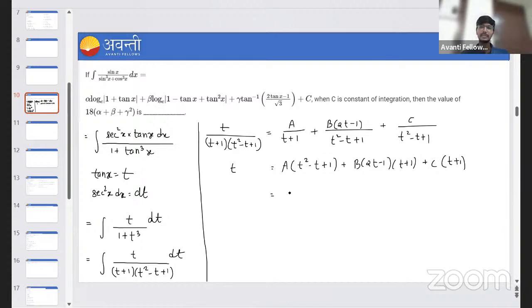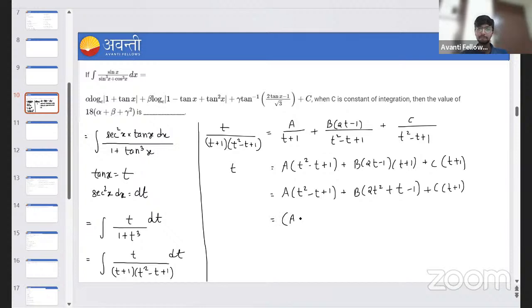Now, if I open the bracket, I'll get a into t square minus t plus 1 plus b into 2t square plus 2t minus t, so plus t minus 1, plus c into t plus 1.